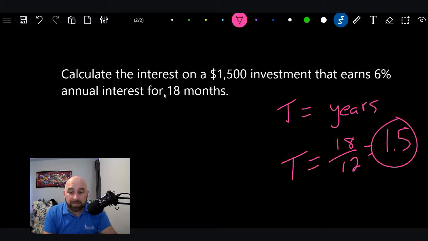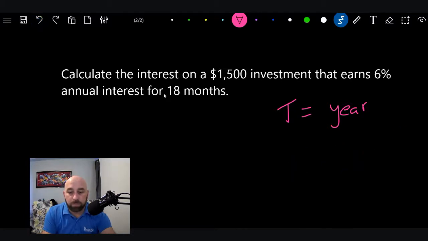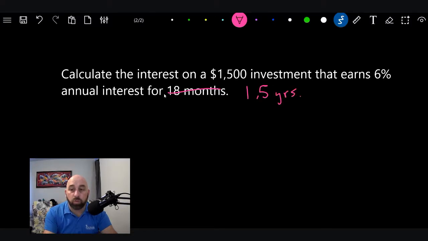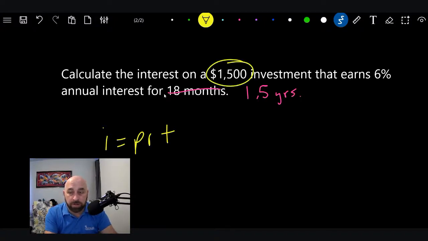Again, that's very important for this problem. So let's go back and erase that, and let me put in there. I'm going to cross off the 18 months and put 1.5 years, because we're going to use 1.5 years. All right, so the first one is I equals PRT, and we're just going to multiply out. This is the principal, because that's how much you put in. This is the rate, and this is the time.